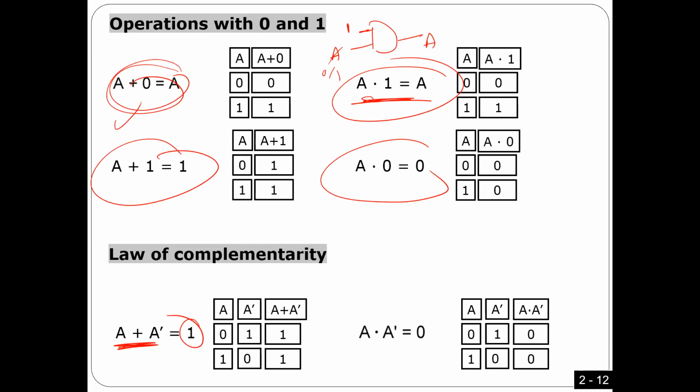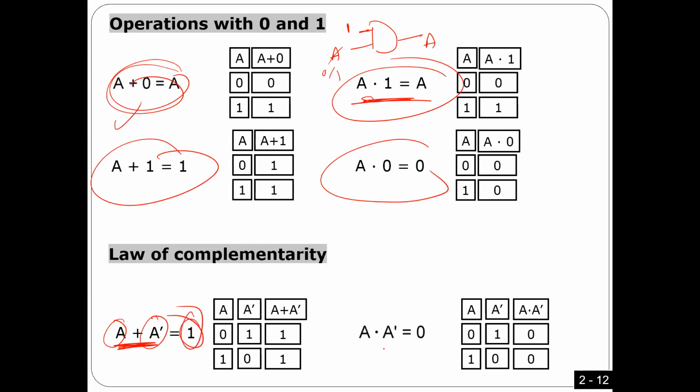If I can get 1, the output is 1. Because I have a bit and the inversion of this bit, I guarantee I'm going to have 1. If this one is 0, the other one will be 1. If this one is 1, the other one will be 0. So in case of OR, I'm just looking for 1, and because here you have A or A prime, I am sure one of them is 1. That's why I'm going to get 1.